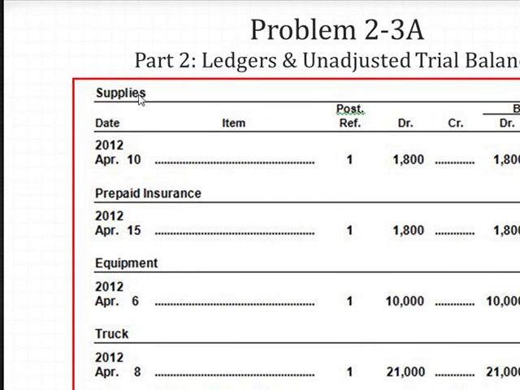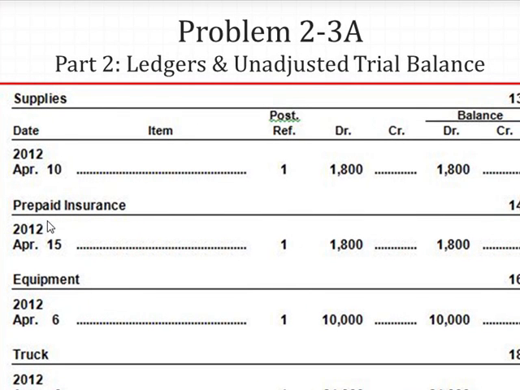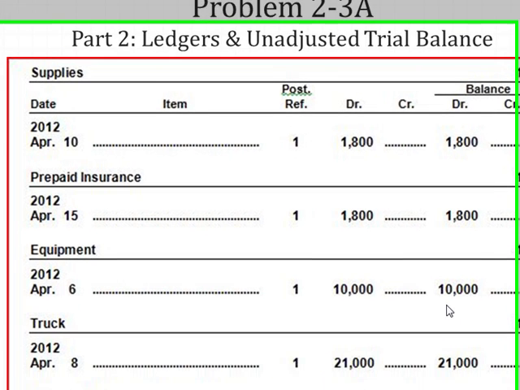And for specific supplies, on April 10th, on journal page number 1, it was debited for $1,800, and now the balance is $1,800. Prepaid insurance on April 15th was debited for $1,800 and has a debit balance of $1,800. Equipment on April 6th was debited for $10,000 on journal page number 1 and now has a balance of $10,000.